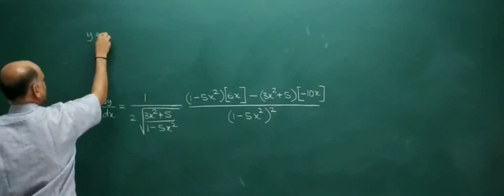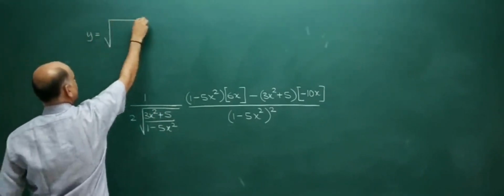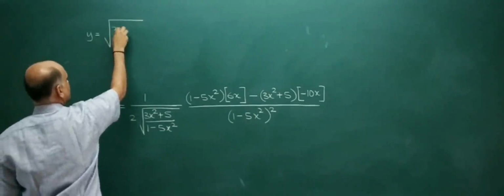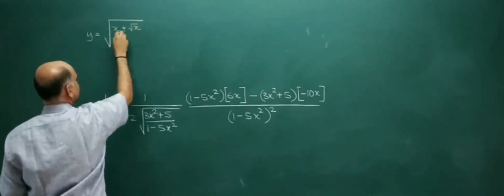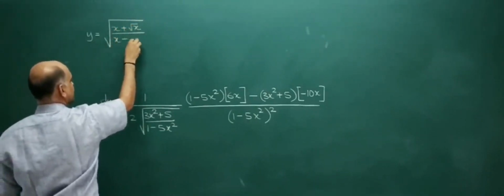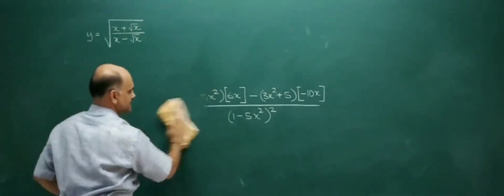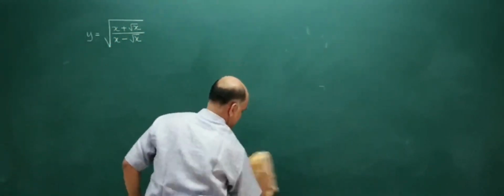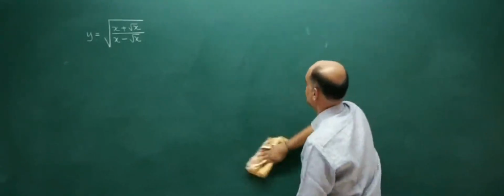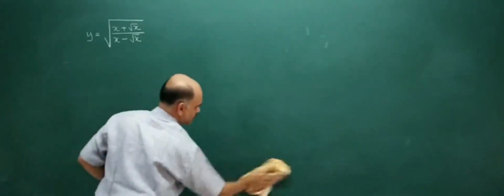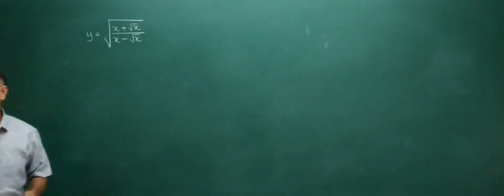Y is equal to root of x plus root x divided by x minus root x. So first you differentiate root, then again inside the root you are required to apply u by v.